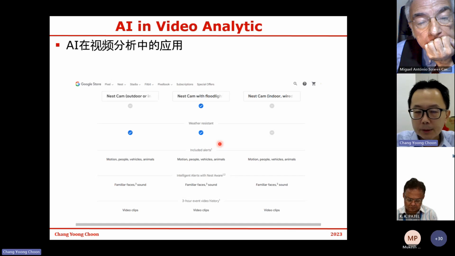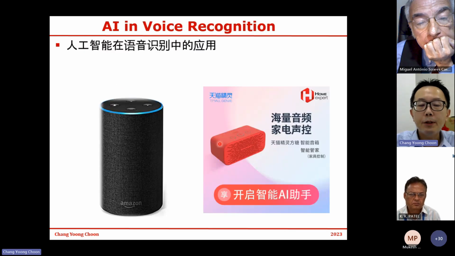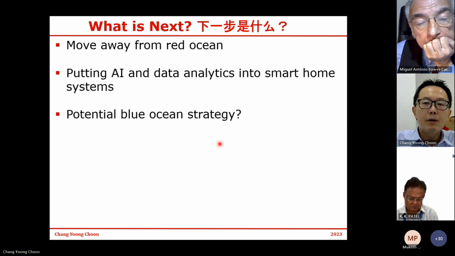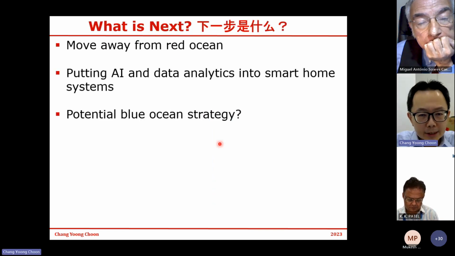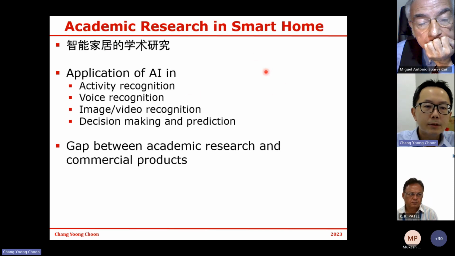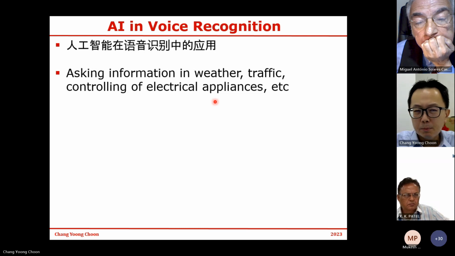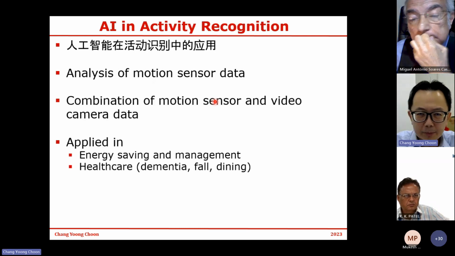The AI will play a role in video analytics. Voice recognition is not new. So the next one is to put AI into the smart home system. AI in voice recognition is, to me, a little bit saturated.